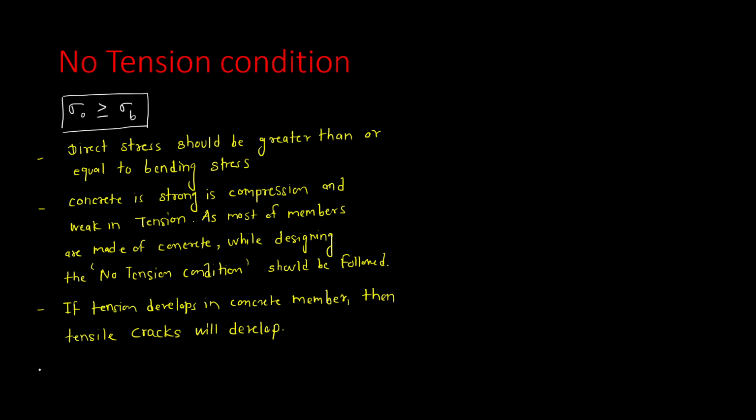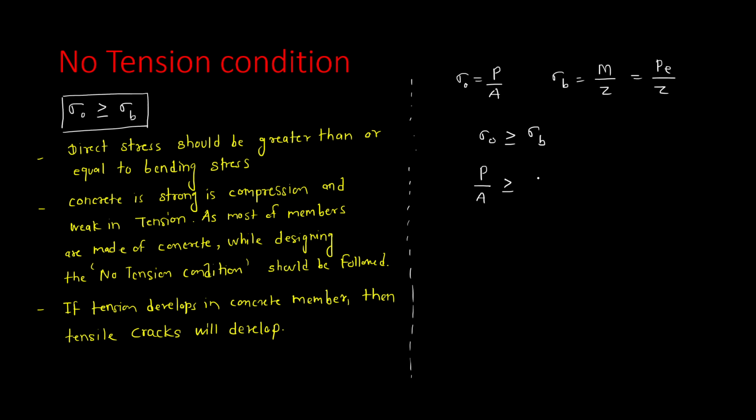Now we will be deriving one equation here. We know the main condition is sigma 0 is greater than or equal to sigma b. But sigma 0 is equal to P by A and sigma b is equal to M by Z. This M is P into e, so M by Z is P e by Z. Substituting, sigma 0 is P divided by A, and sigma b we can write as P e by Z. So this P will get cancelled.